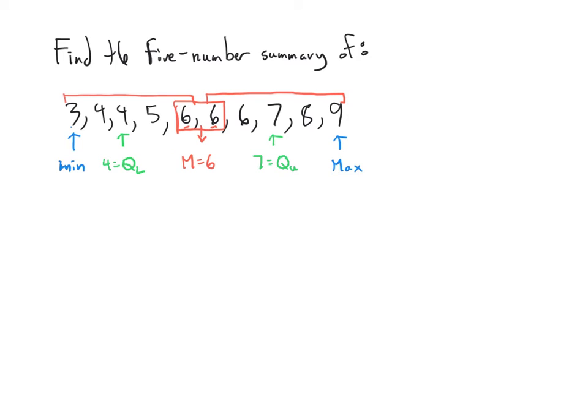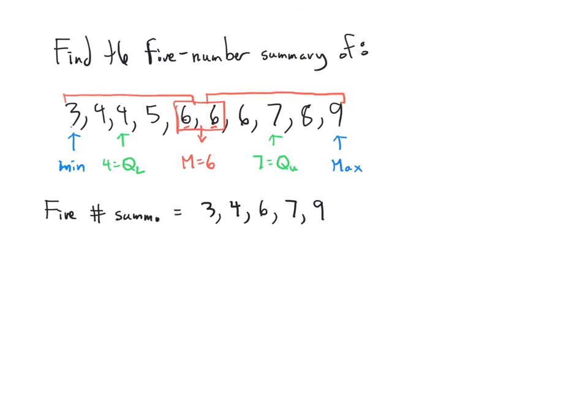And our 5-number summary is going to be 3, 4, 6, 7, 9. And that's how to calculate a 5-number summary from a set of data.